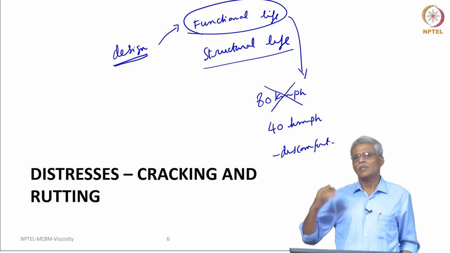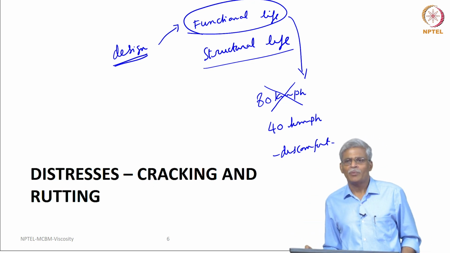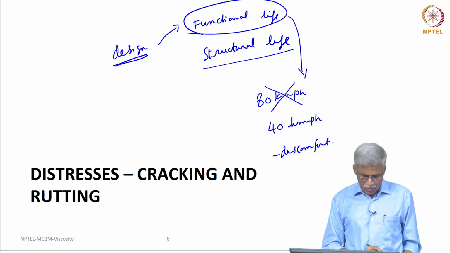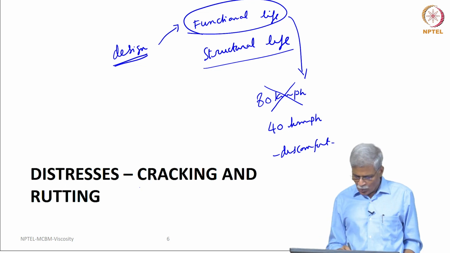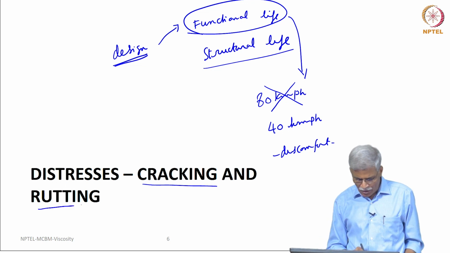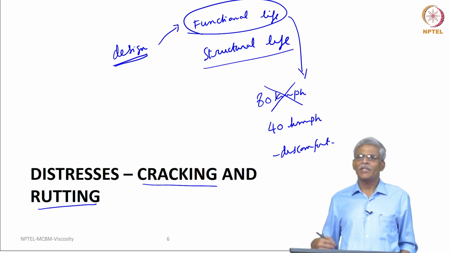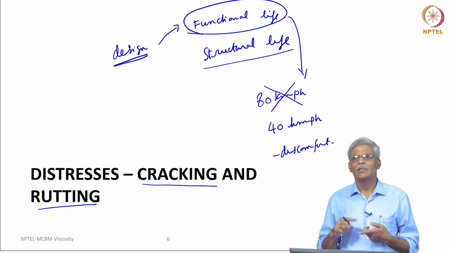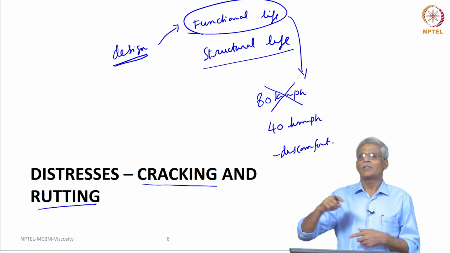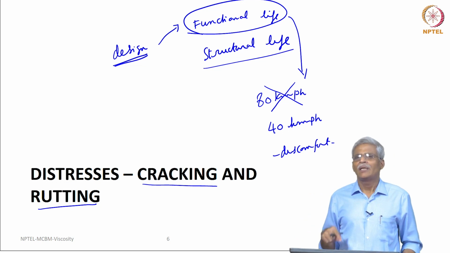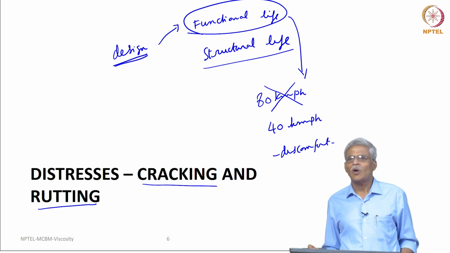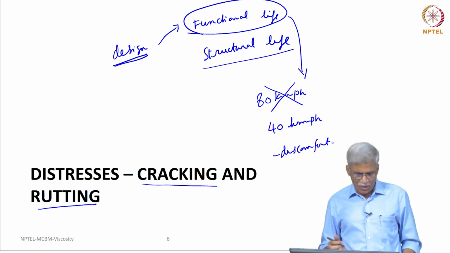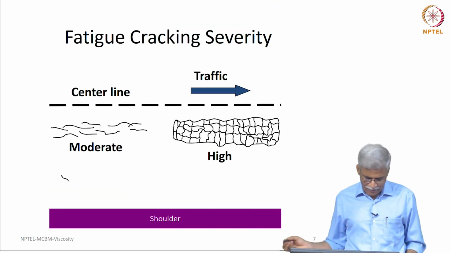So, these are some of the issues that we also need to keep in mind. So, let us go into cracking and rutting, and I am going to mention that in the full course you will be hearing about this distress again and again, for the simple reason that your material characterization, the design and the distress are exceedingly interrelated in a fairly complicated way. So, we have to keep referring to them time and again, right.